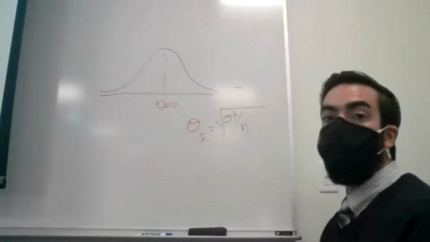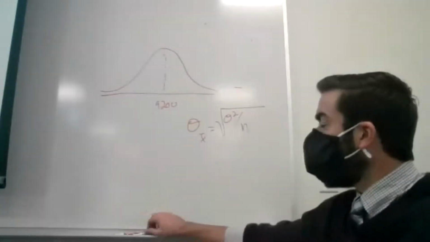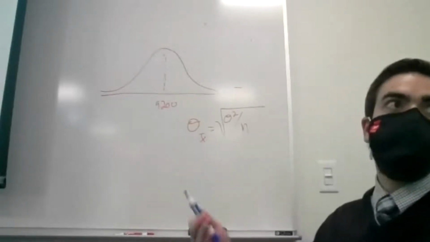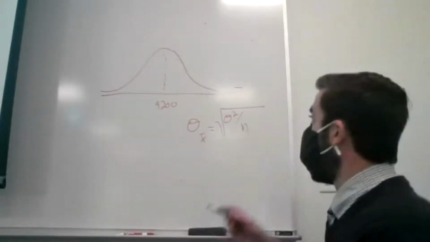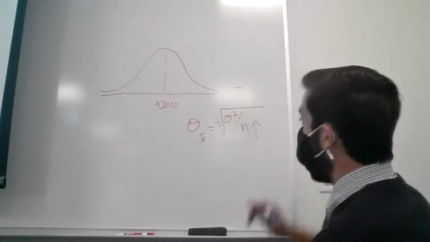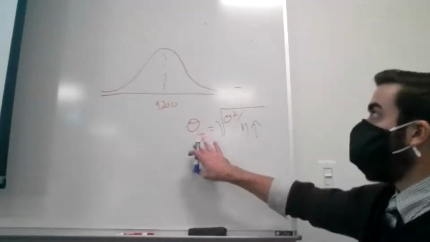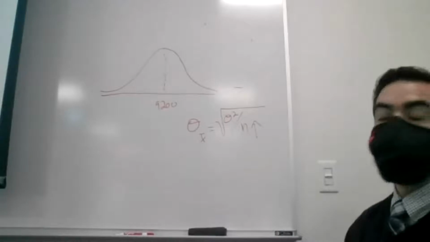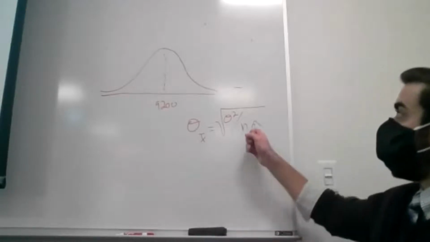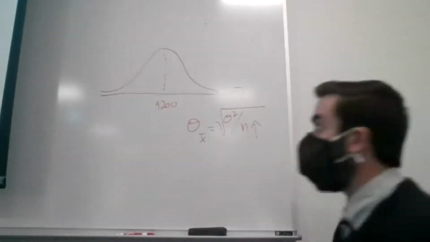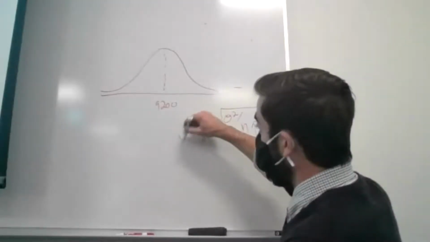So if I take a higher sample size, what's going to happen to my distribution for that second problem when I had a higher sample size, right? Well, if the sample size goes up, what happens to the standard deviation of my distribution of sample means? It's going to be smaller. Yep, because my denominator is getting larger, so that would decrease this.